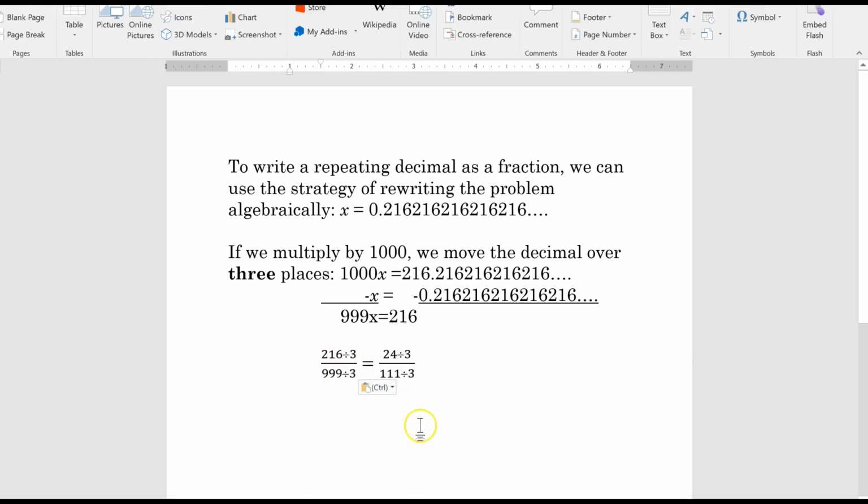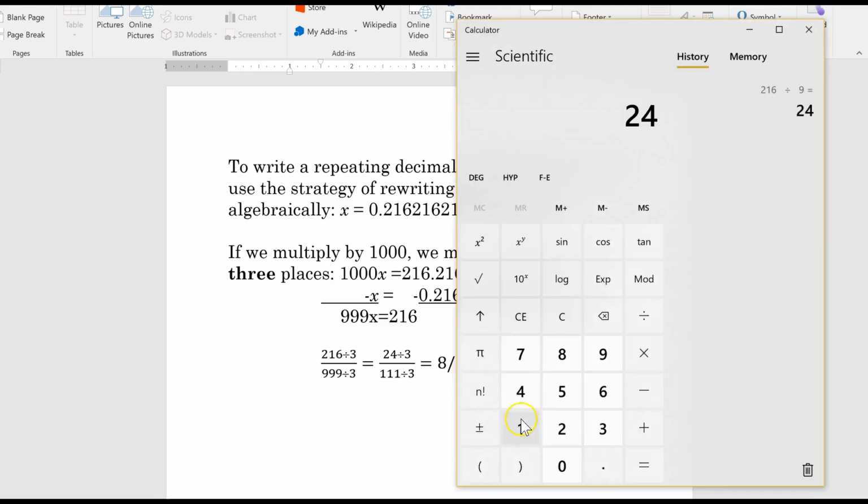So I like to make little notes as I go along of what I'm dividing by. So I just wrote down here that I divided by 3, and I'm going to divide by 3 again and note it here so that I remember. Now 24 divided by 3 is 8. For 111, I'm going to use the calculator, 111 divided by 3, and I get 37, which is prime.